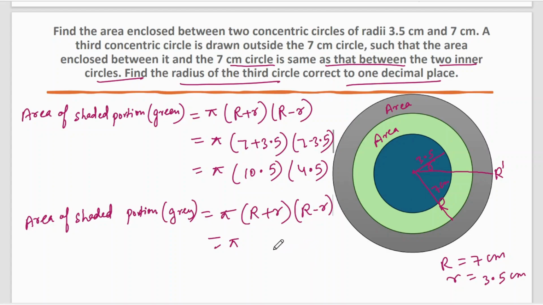So let me replace capital R by R dash, and for the green circle we take the radius from here to here, so it is r. Now R is replaced by R dash, and this is r, taken as a minus.